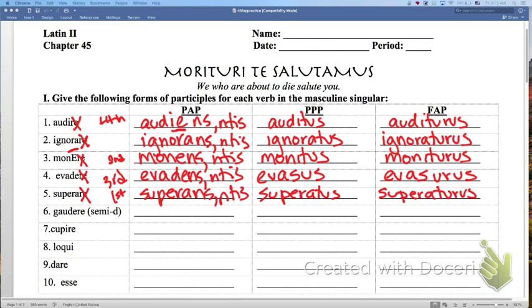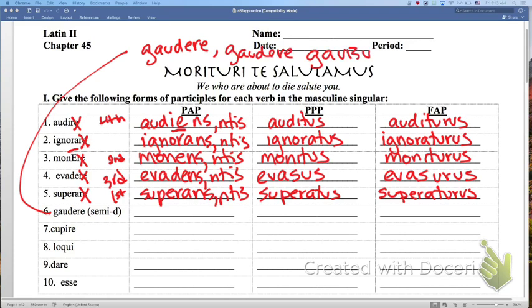I know. Okay, so Sarah asked me about gaudere being semi-deponent. How is that going to affect this? Okay, if you think about the principal parts of that verb, it's gaudeo, gaudere, just a third instead of, gavisus. Okay, so for your present active participle, you're going to use the infinitive, and since it looks the same as a regular infinitive, you're just going to go on your merry way.